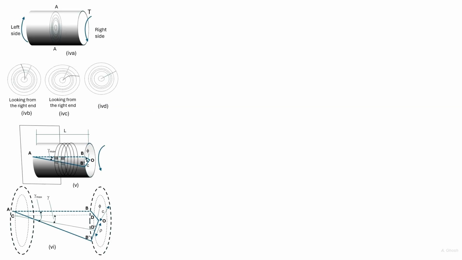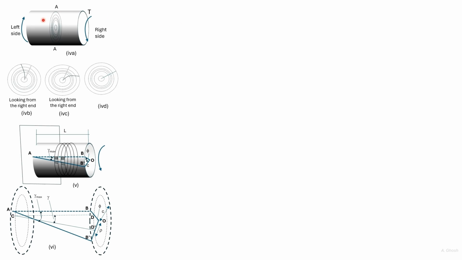In the previous slide, we used heuristic arguments to show that plane sections remain plane after a torque is applied to a circular bar. Here we will show that within a given plane there is no distortion.